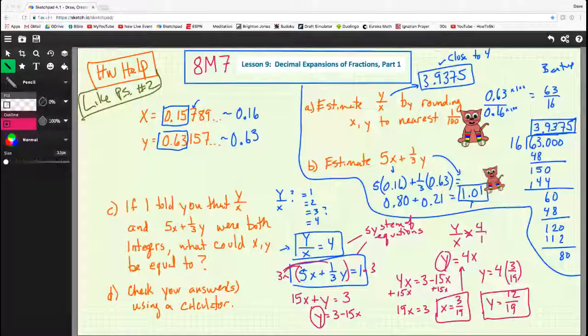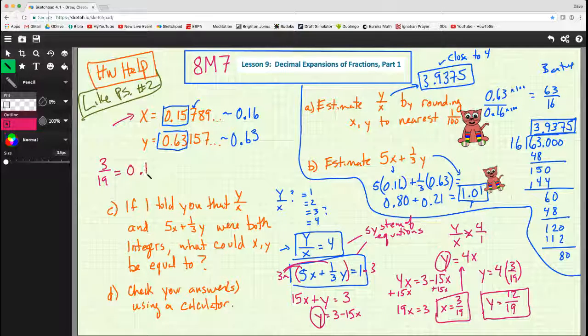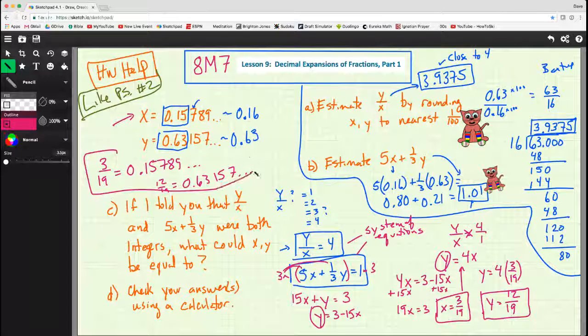We did the right calculations. That's pretty cool. So 3 over 19 does equal 0.1579 and 12 over 19 equals 0.63157. So that's part D, checking our answer.